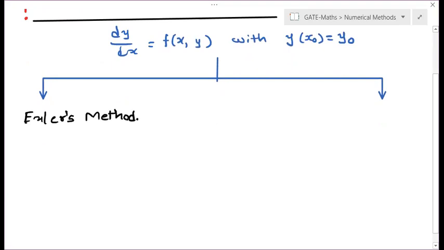So if any professor from your college is from abroad, he or she will pronounce it like Euler. So this is your Euler's method, and the second is the Runge-Kutta method, that is your RK method.